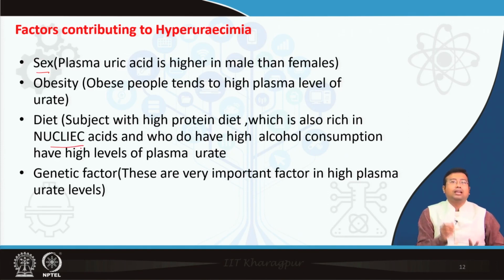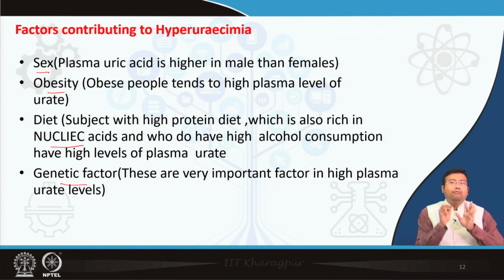Also, persons who consume alcohol, chronic alcoholism especially, because any form of alcohol, beer, whiskey, is also fortified with purines, and they increase the amount of purine consumption. Purine will be degraded to form uric acid. So all of these factors, sex, obesity, diet, contribute to hyperuricemia.